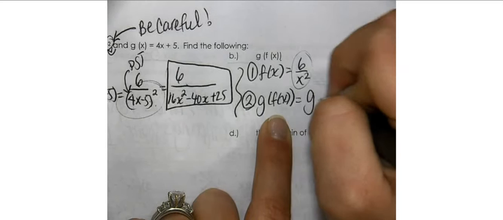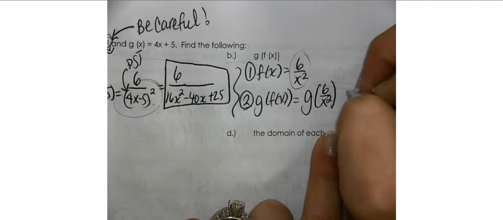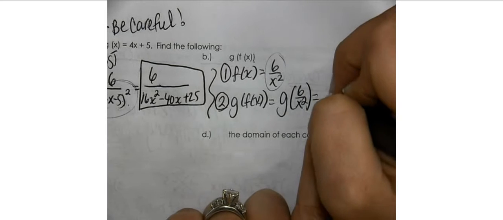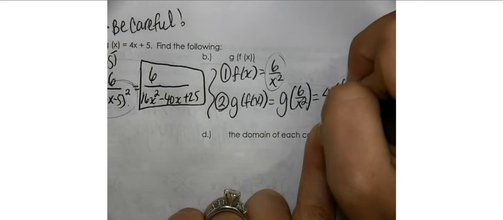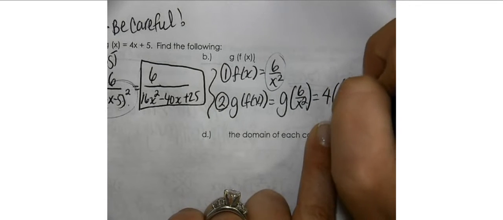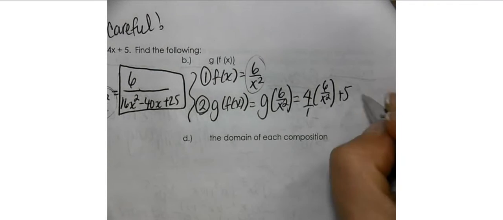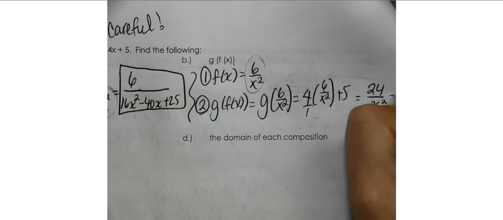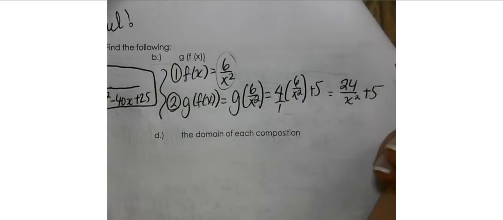So this is g of 6 over x squared. That's going to be equal to 4 times 6 over x squared plus 5. This 4 is like a 4 over 1, and we can multiply straight across, and we'll end up with our answer being 24 over x squared plus 5. We're simply going to leave our answer just like that.